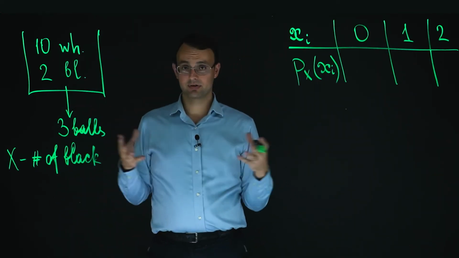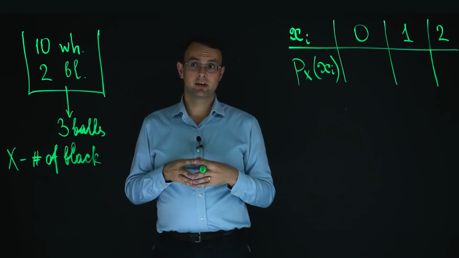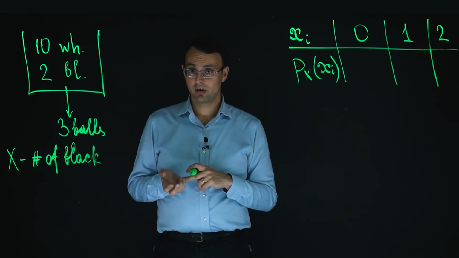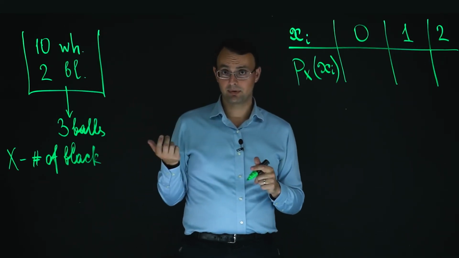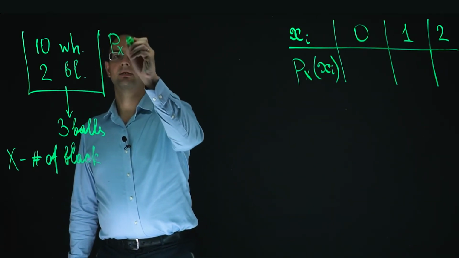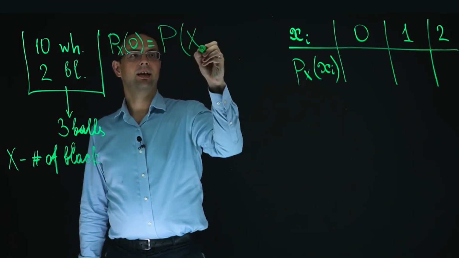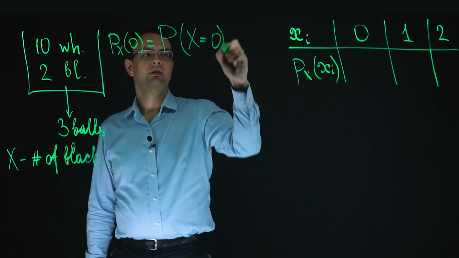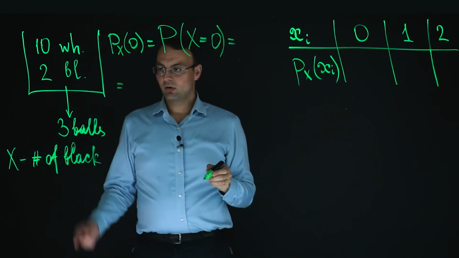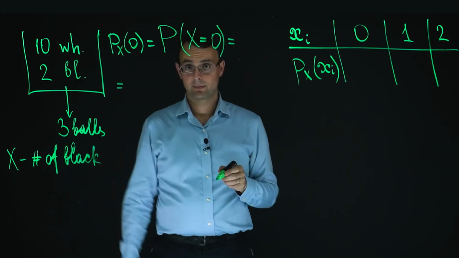We have already solved examples of this kind. Here I need to use the discrete uniform probability law and the number of combinations. So what is P_X of 0, or the probability that capital X is 0? This is the probability that all three balls chosen are white ones.